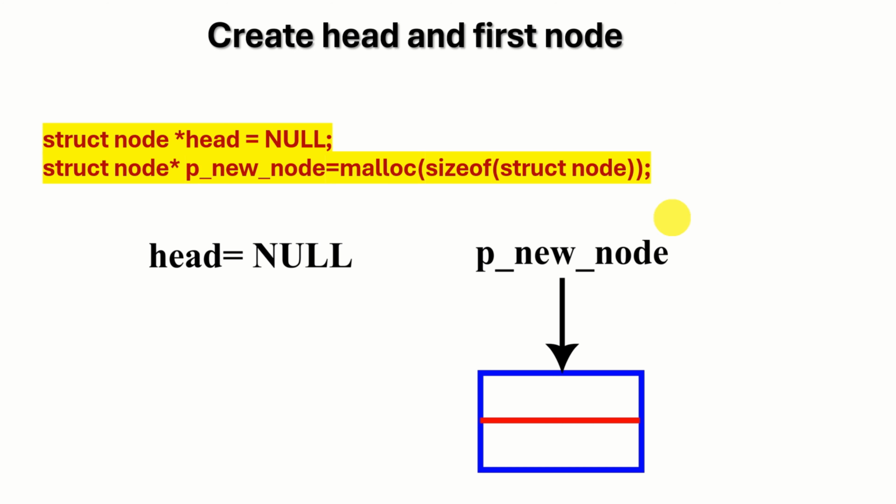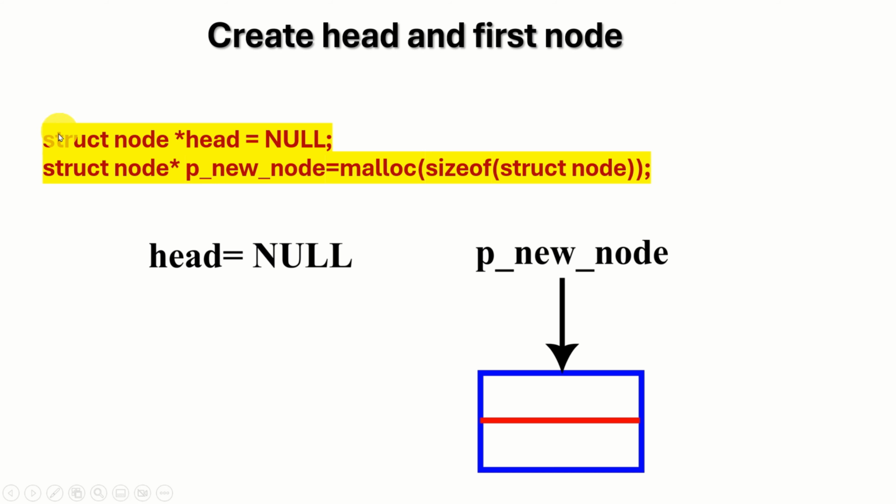node. Whenever you want to create a linked list, you first need to create a pointer that points to struct node. This pointer is called head, and we initialize this pointer to null. Later on, this pointer will actually point to the first entry in our linked list, that is, at the top of the linked list.